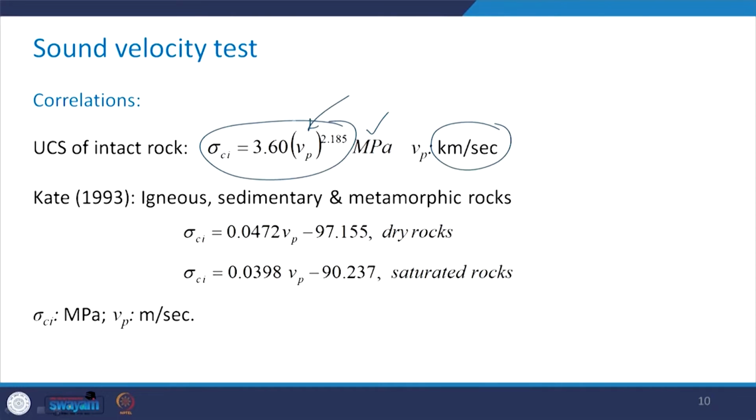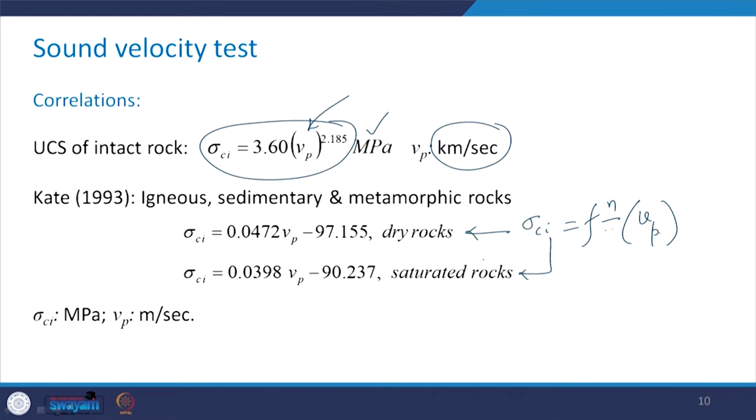For dry rocks, it is the first expression. Again here this sigma Ci is only the function of velocity of the P wave. Here also the same thing. So, this is with respect to the saturated rocks and the first one is for dry rocks.